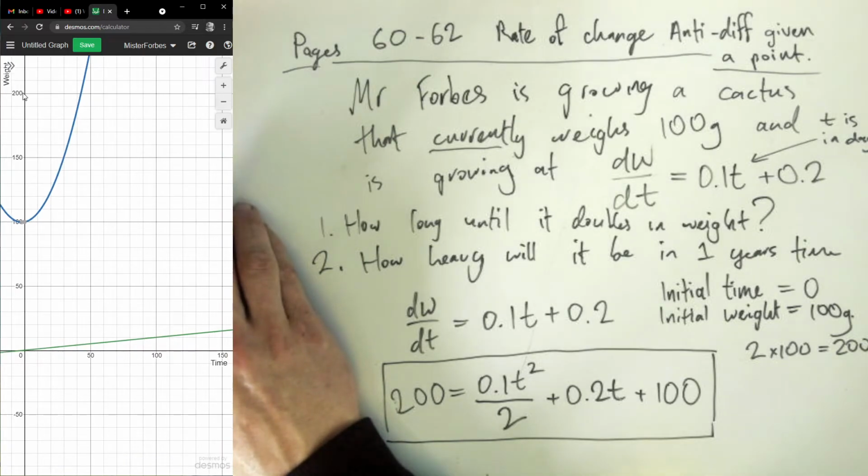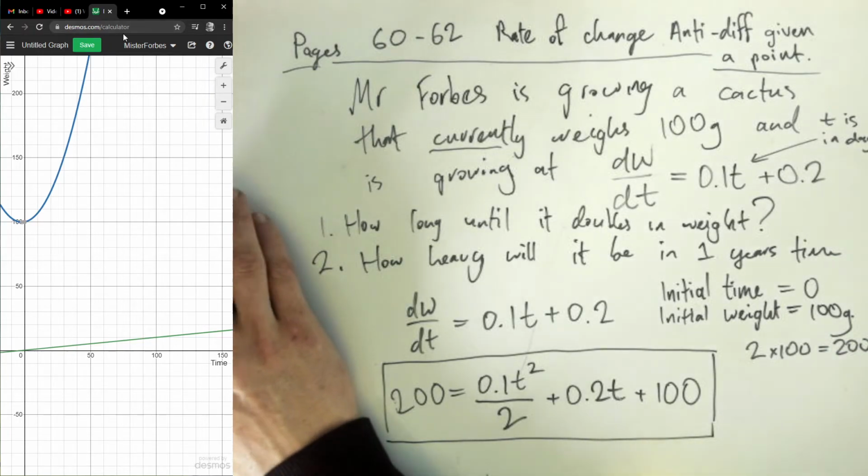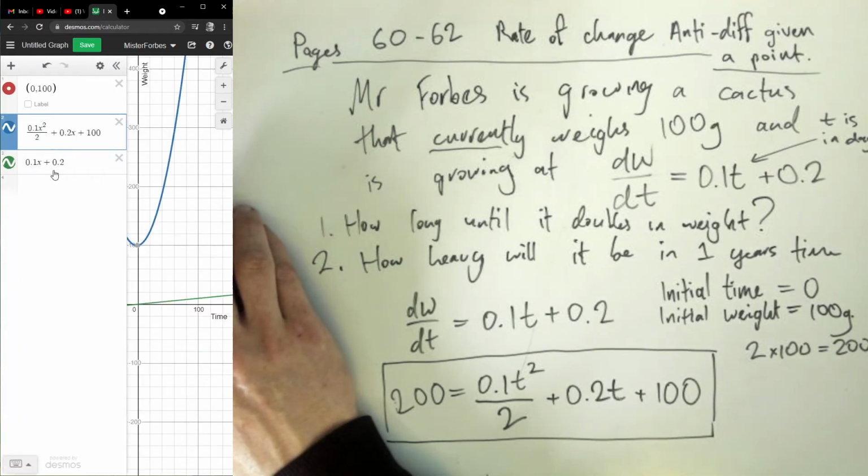All I'm going to do is go and find out when my cactus gets to being 200. So it would be at this point here. My cactus doubles in weight after 42.9 days. Or should I just solve it for you guys? Nah, too lazy today.